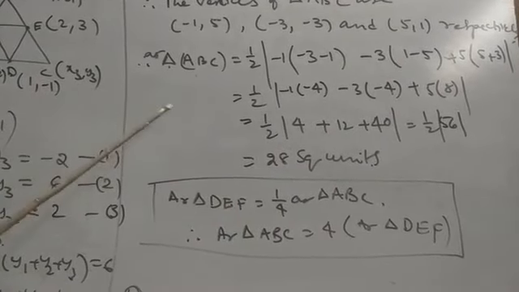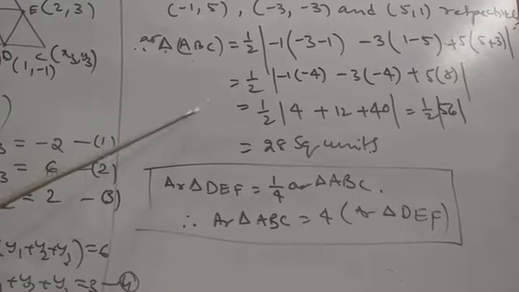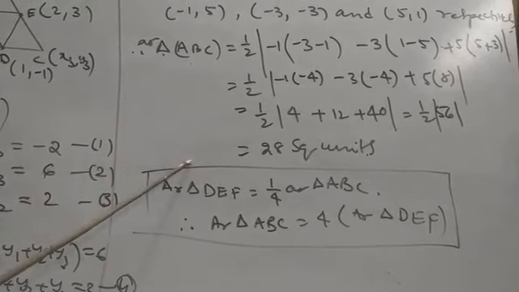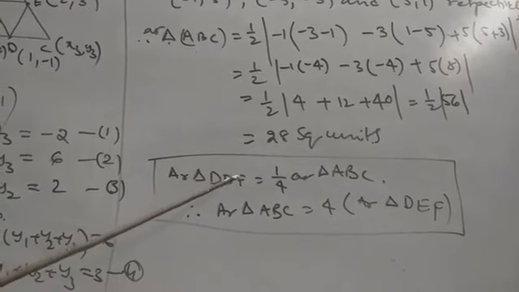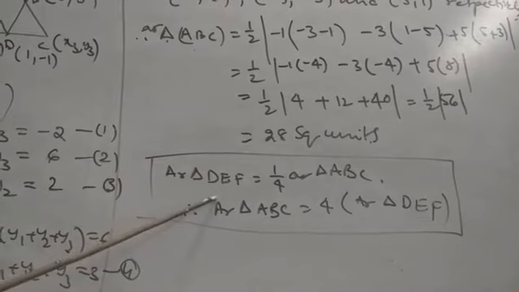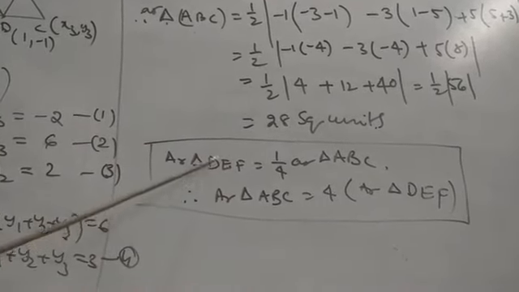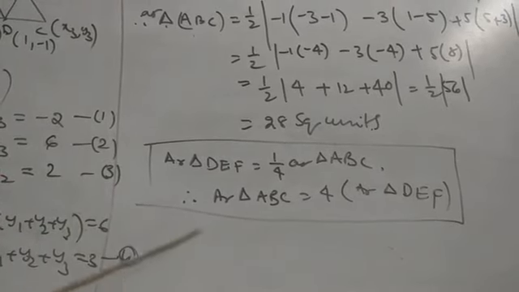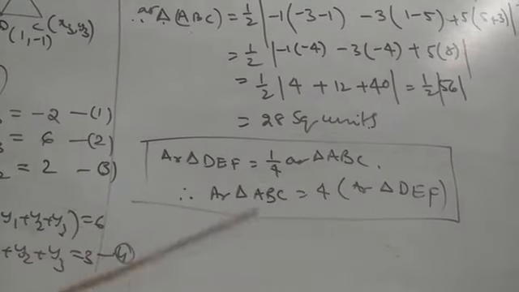Suppose if they have asked to find the vertices of the triangle, you need to do this process. Instead, they have asked to find the area of the triangle. Then you can use the concept you have learned in class 9th by using the midpoint theorem. So we know that area of triangle DEF, that means the triangle joined by the midpoints, is nothing but 1/4 of the area of triangle ABC.